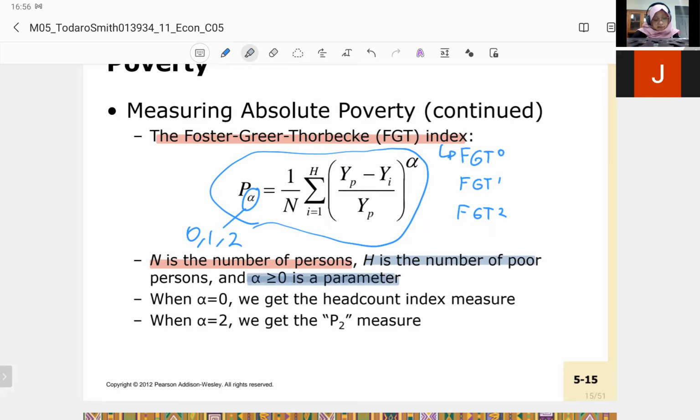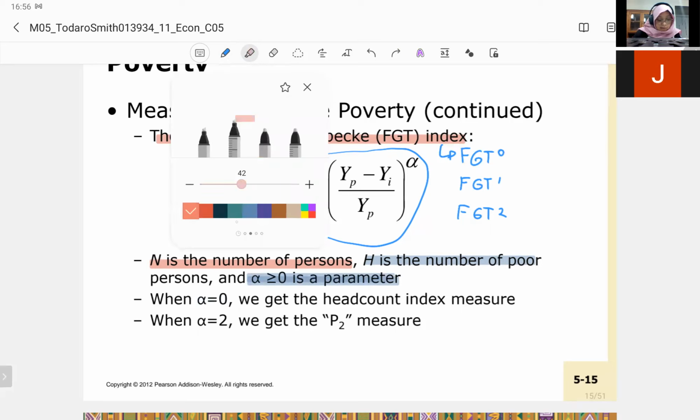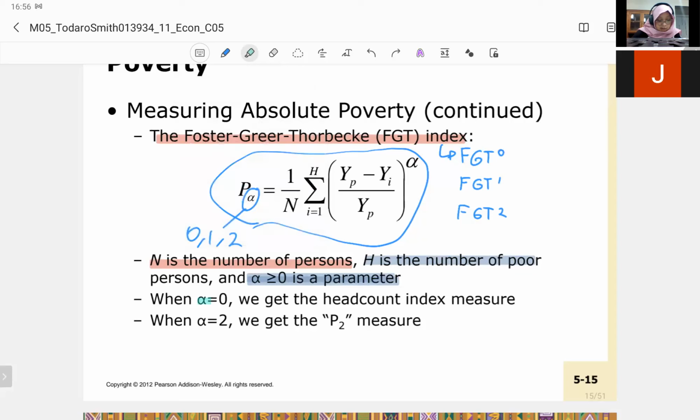When alpha equals 0, we get the headcount index measure. So basically FGT 0 is the headcount, which is H divided by N, right?